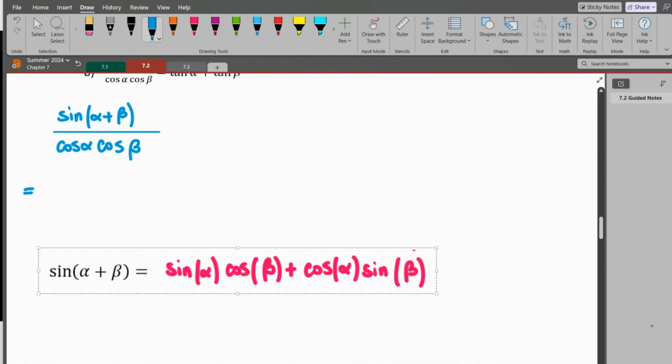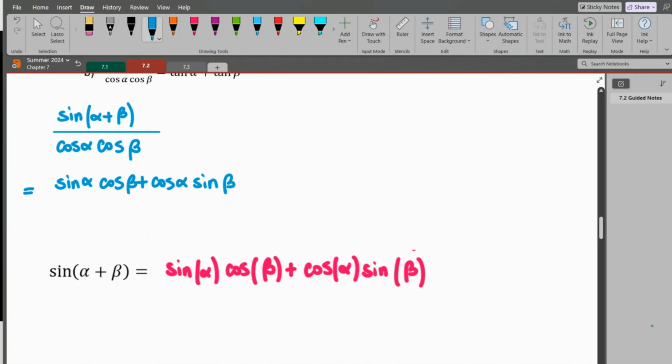So sine of alpha plus beta, I can rewrite here as sine of alpha cosine of beta plus cosine of alpha sine of beta. And then I'm going to leave the denominator just as it is, cosine alpha cosine beta.